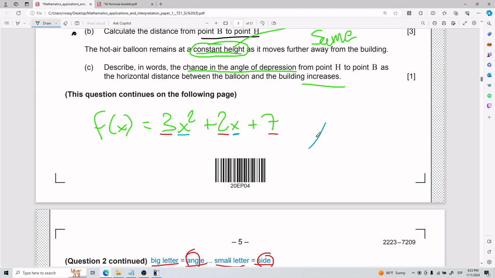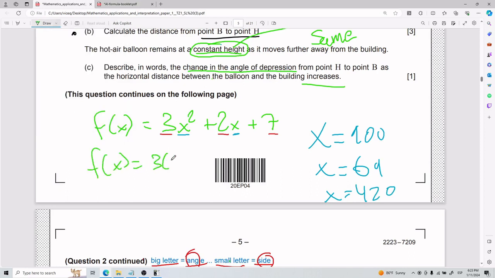No matter if you plug in x equals 100, 69, or 420, you will always end up with the same constants. Your answer is going to change, because in one scenario you're plugging in 100 squared, and in the other, 69 squared. Of course your final answer is different, but your constant is the same. That's constant. It never changes.